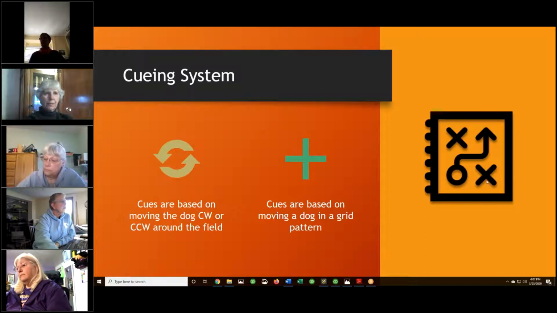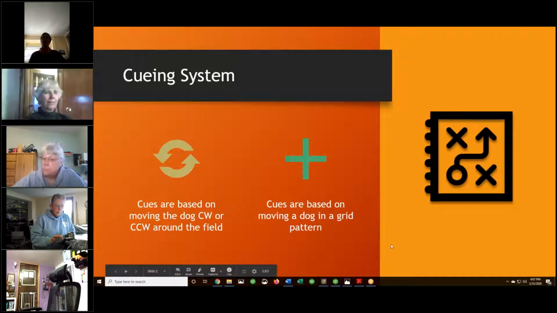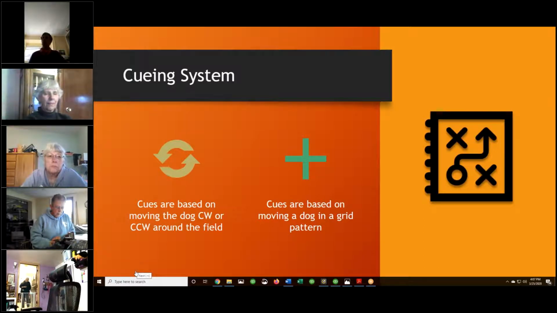I've heard people use left and right, and hats off to them for being able to do that because I can't do it myself. I've known people who will use a cue like over and use an arm signal to direct which way they want the dog to go. But in essence, they're moving the dog in more of a forward and back and left and right motion. So those are the two basic systems that are used.